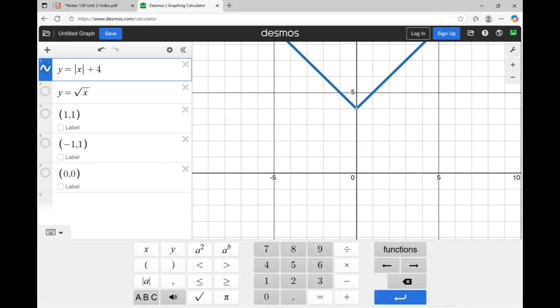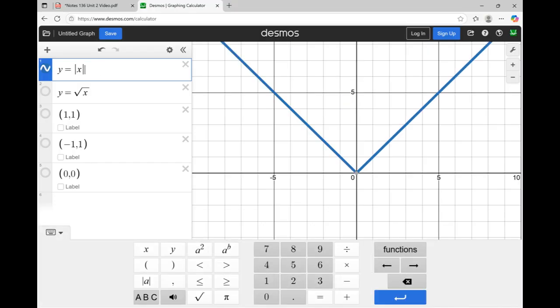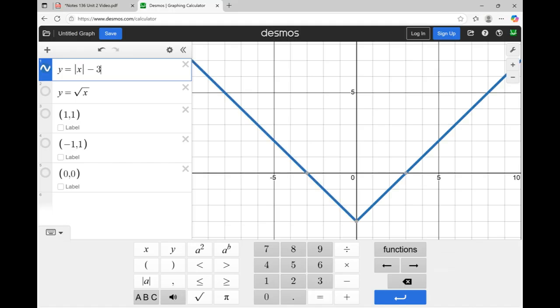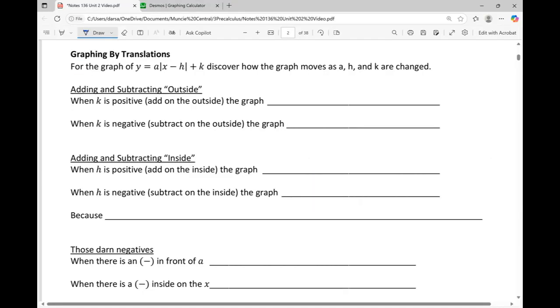Well, now y'all are very smart. So instead of adding 4, what if I subtract 3? What do you think is going to happen to the graph? Well, absolutely. Same shape, it just slid down 3. So in math, we call these a very fancy thing. We call these shifts.